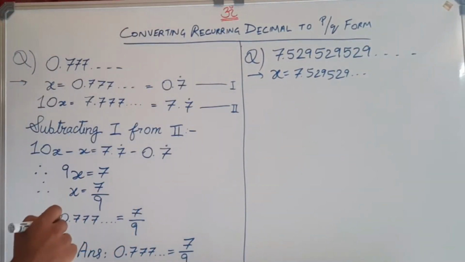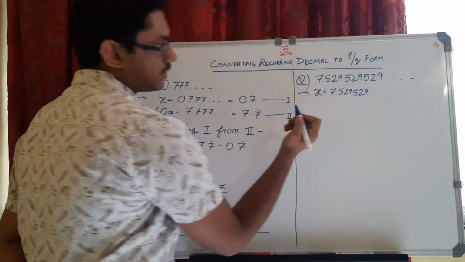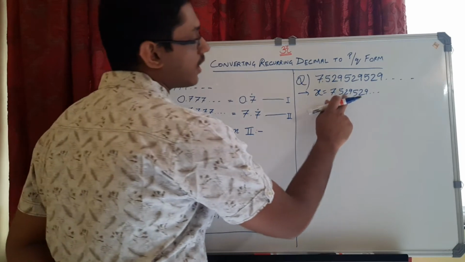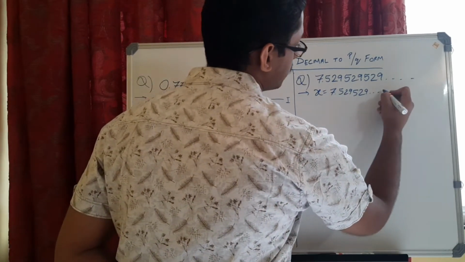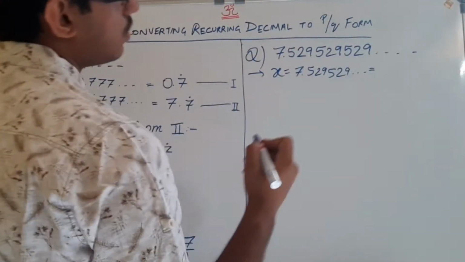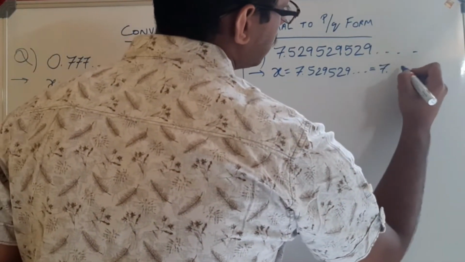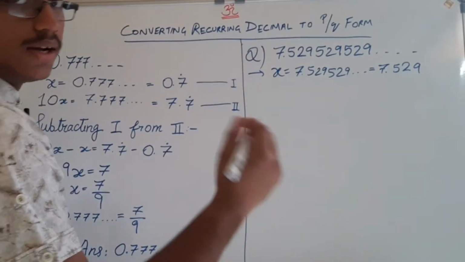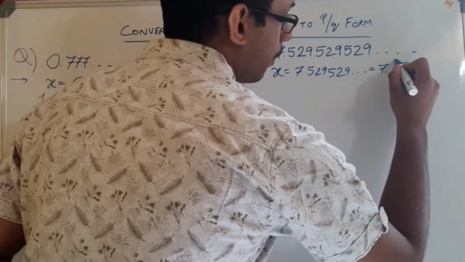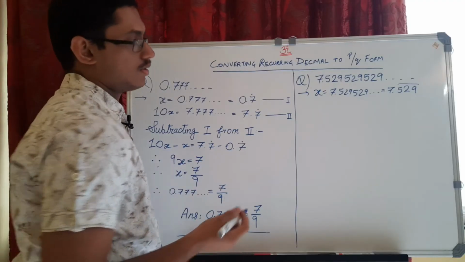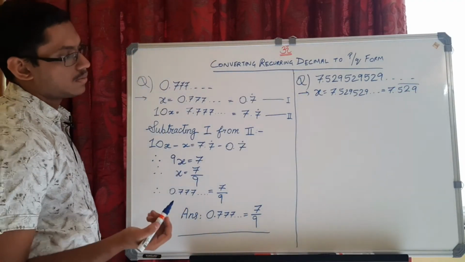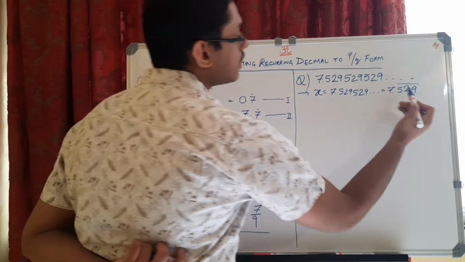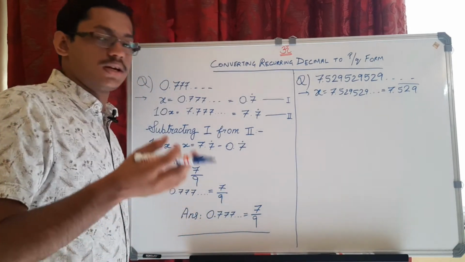Okay. Now is this 529, a whole set of numbers, being repeated? 529 is being repeated, so it will be equal to 7.529 with a bar or a line above the 529. Here it was a dot because it was a single digit. Here it is a set of digits, so it will be a line. More than one digit, then it will be a line.